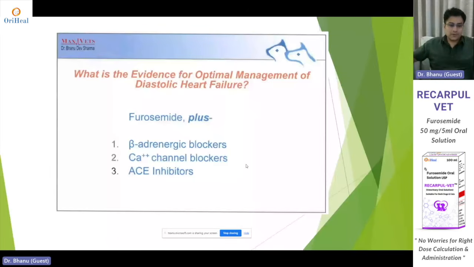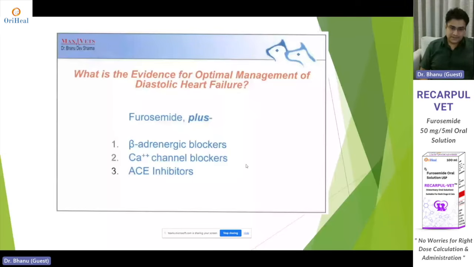The pressure overload within the chambers is reduced. So ACE inhibitors, in which I personally use benazepril a lot, it does make sense to use them in the management of diastolic heart failure. Furosemide and ACE inhibitors, these two drugs make sense.